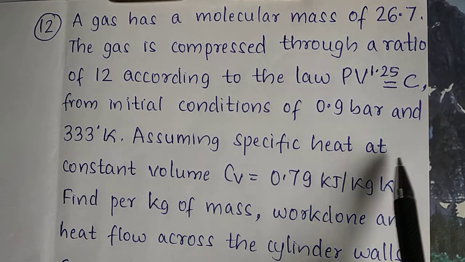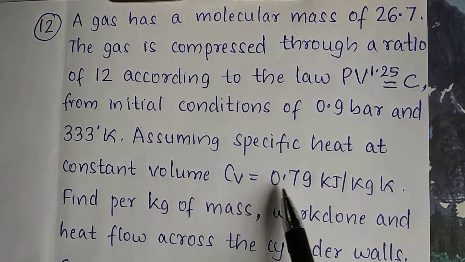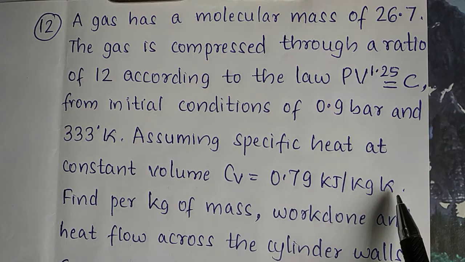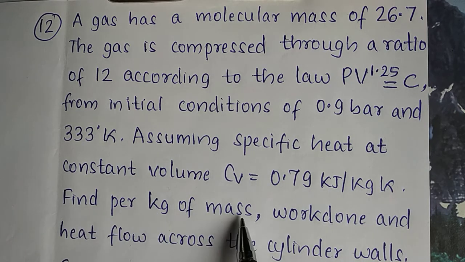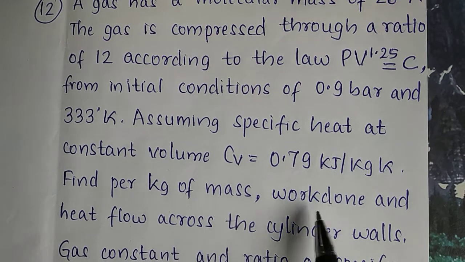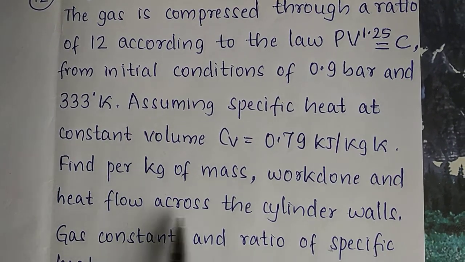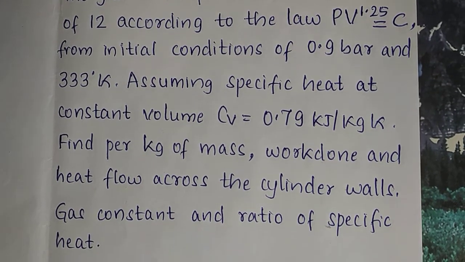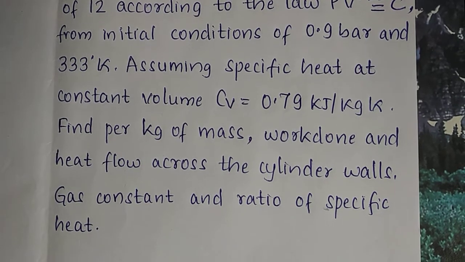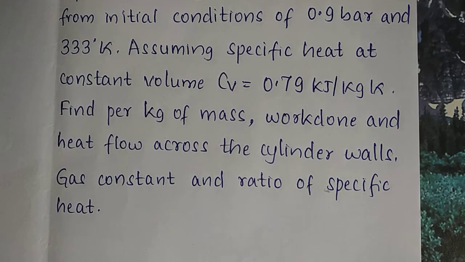Assuming specific heat at constant volume CV equal to 0.79 kilojoules per kg Kelvin, find per kg of mass the work done and heat flow across the cylinder walls, gas constant and ratio of specific heats. So let us write what are the things given in the problem.